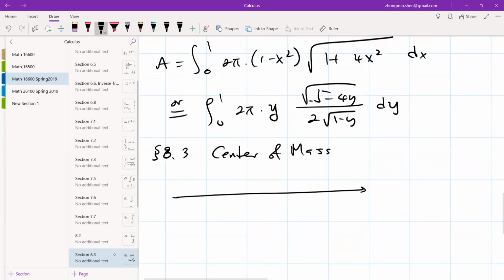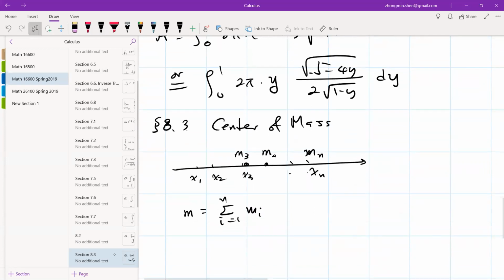Along the x-axis, suppose you have a bunch of points with coordinates x1, x2, x3, up to xn, and at each point there is some mass: m1 here, m2 here, up to mn. So the total mass is them together.